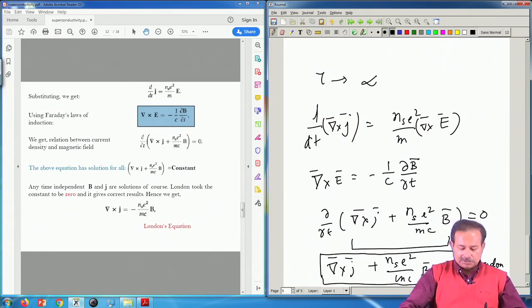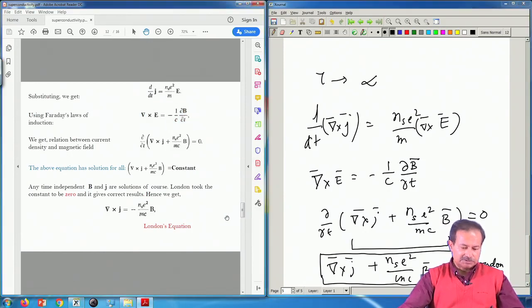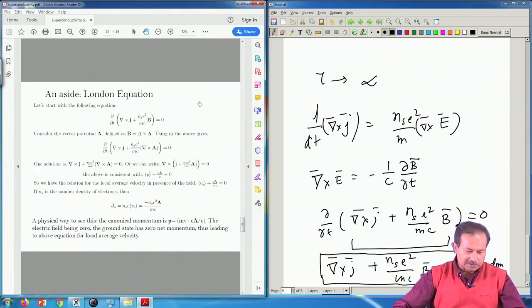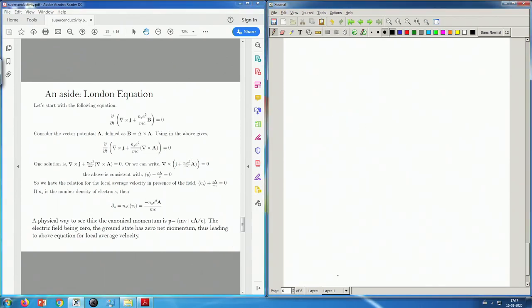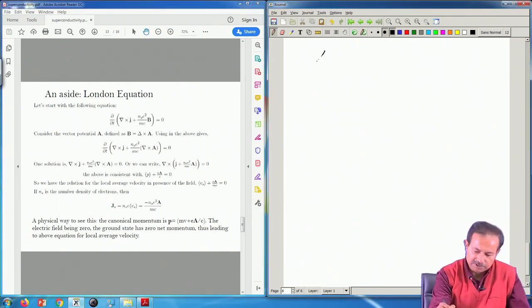So, that is about what we did, and then we connected the London equation with a theorem by Bloch, which said that the average momentum in a superconductor in the ground state must be 0. So, p plus e A by c equal to 0.